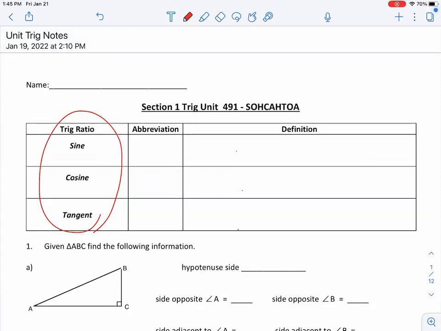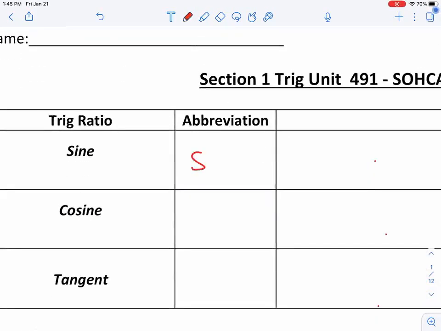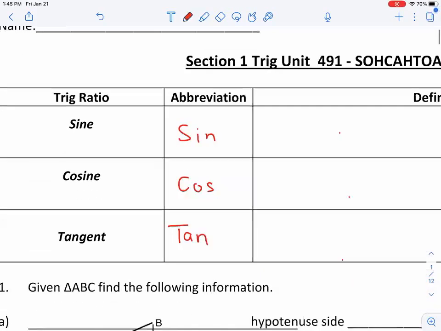They are pronounced the sine, the cosine, and the tangent. But when we write them, we usually just use an abbreviation because we are mathematicians, which means we are lazy, or let's say efficient. We just write SIN, COS, or TAN.